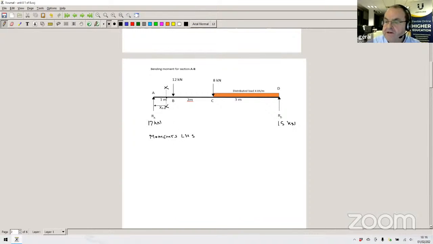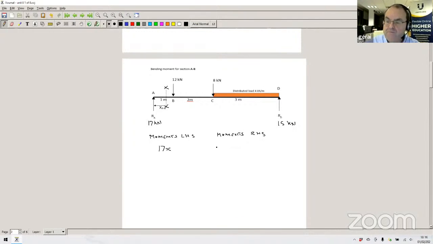Then from X, the only force we have is the 17 kilonewtons, and it's at a distance X. So the moment on the left-hand side is just 17 times X. Then if we do moments now on the right-hand side, now it's a little bit more complex, it's a little bit more fiddly, but we'll take our time.